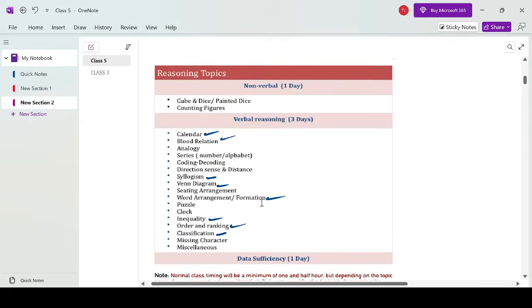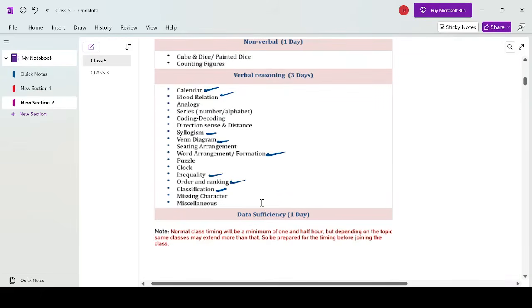So we've talked about Venn diagram, syllogism, alright. There is more in reasoning, even if we talk about a few questions, only one per topic in the national exam. We'll try to cover maximum: clock, which has been a while, missing character, miscellaneous questions, so definitely we'll talk about this one. Seating arrangement, direction, coding decoding is very important.